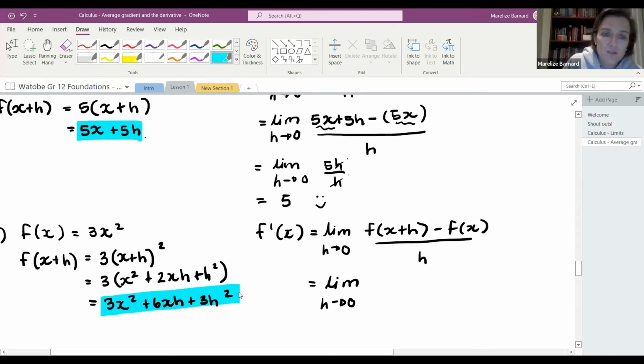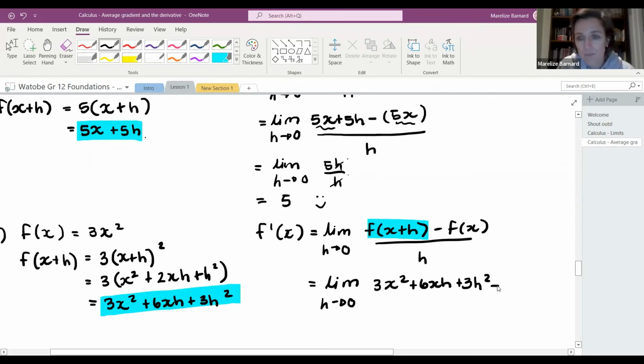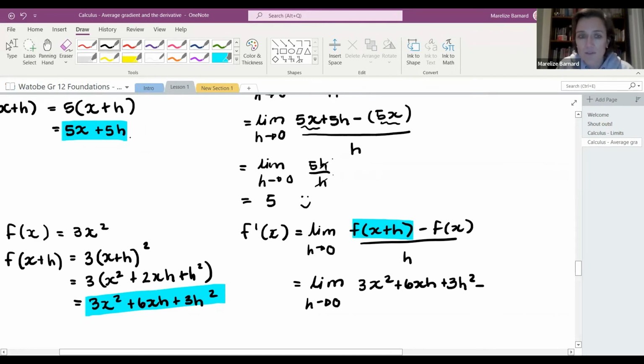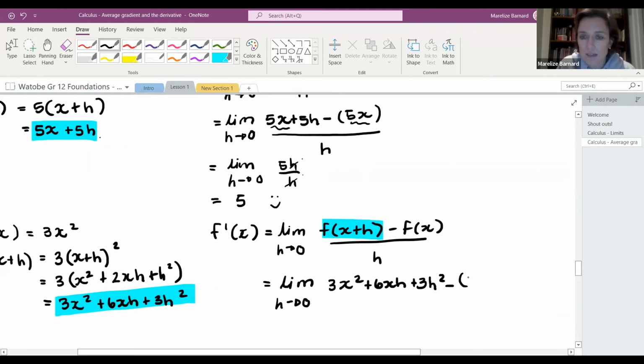So 3x squared plus 6xh plus 3h squared is the f of x plus h. So I'm going to replace f of x plus h with that, and we're going to subtract from that 3x squared, over an h.